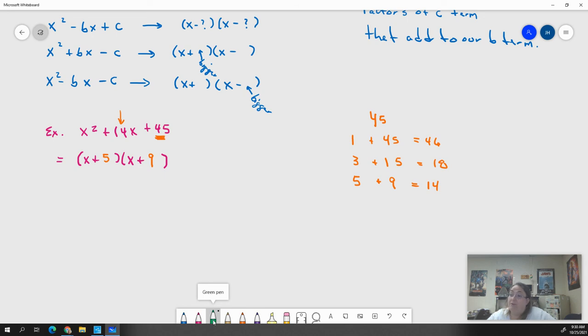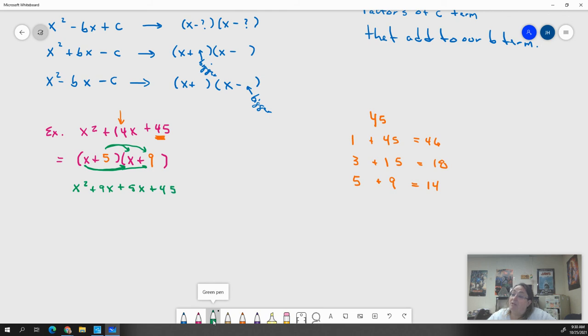But ultimately what we're doing is we're multiplying through. We would take x and we would multiply it times each of these pieces. X times x is x squared. X times 9 is plus 9x. Then we do it with this piece. X times 5 is 5x. 5 times 9 is 45.